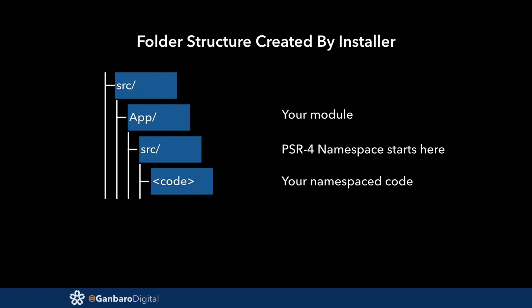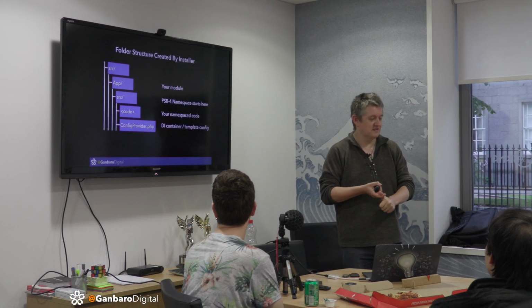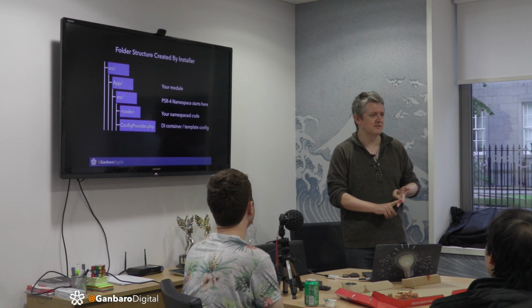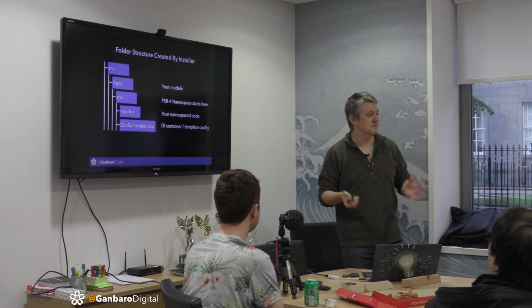So inside this source folder, that's where the actual namespaced code goes, just as you're used to. And there's a special file called ConfigProvider. It's a class with methods on it, and it provides information to Zend Expressive about your module. At the minute, it's just the DI container and information about any templates you're using. Maybe they'll expand that in future so modules can have their own routes, I don't know.